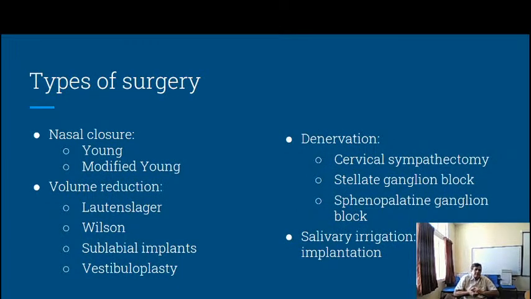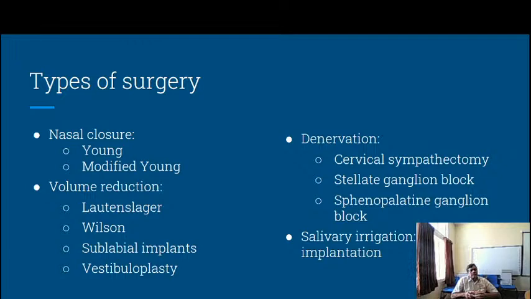The types of surgeries: one is where you would like to close the nasal cavity totally, which is called Young's operation, and modified Young's, which is a similar operation with a small modification that gives certain advantages.